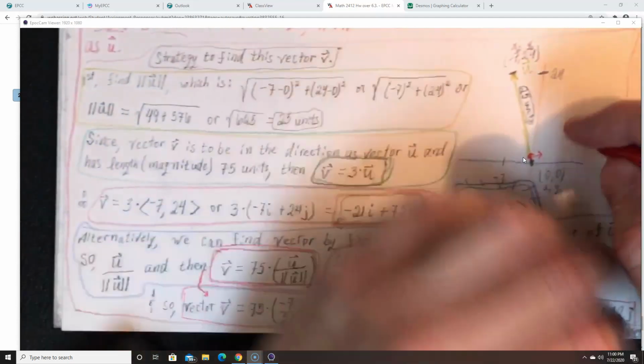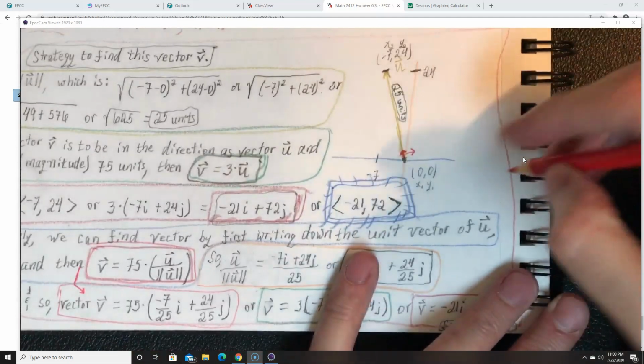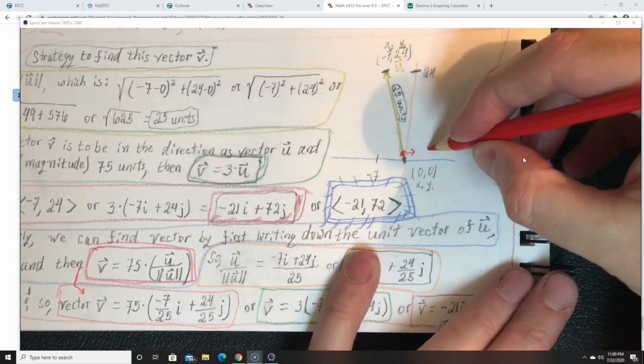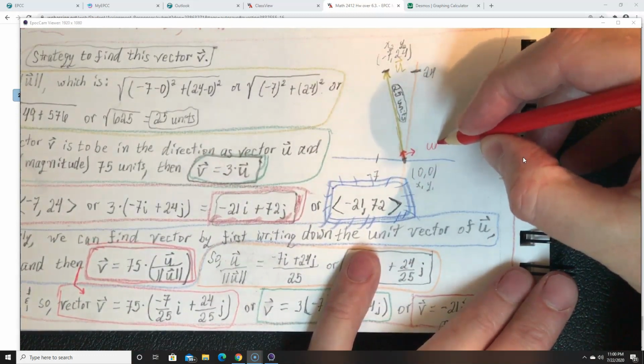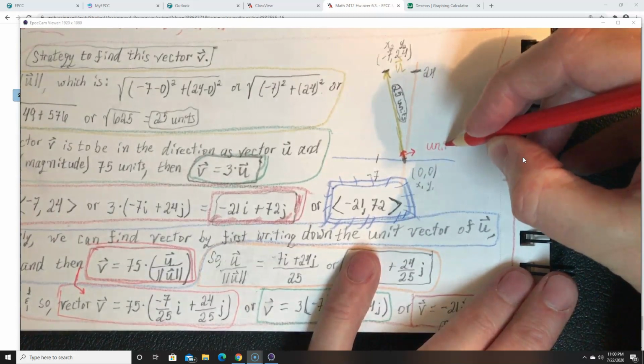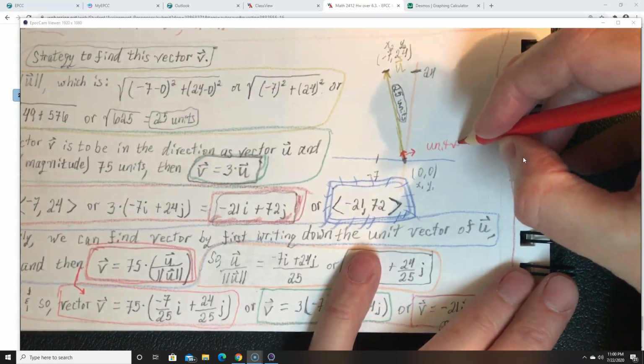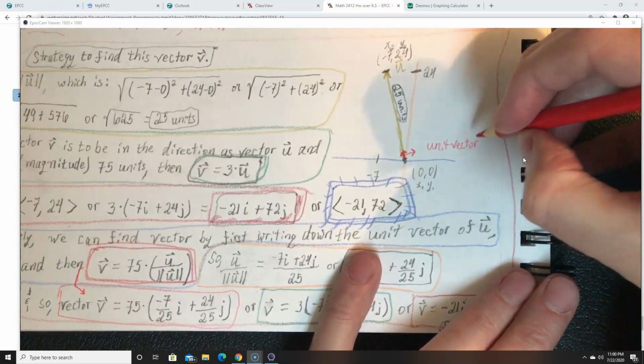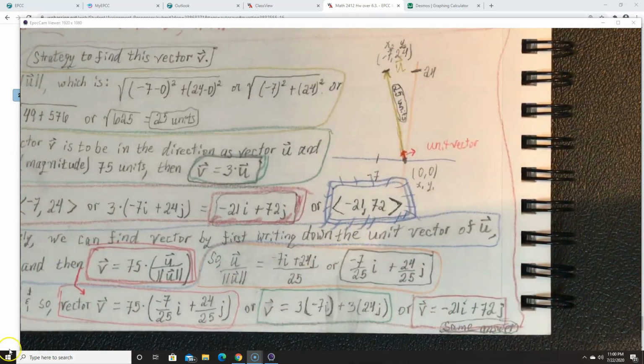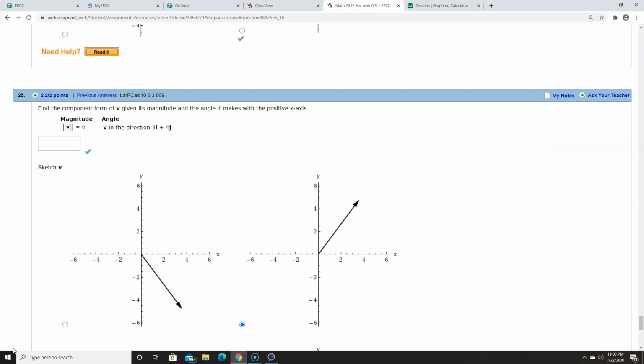So this would be a unit vector. That's okay. I paused it.